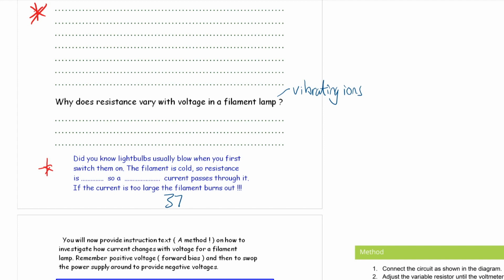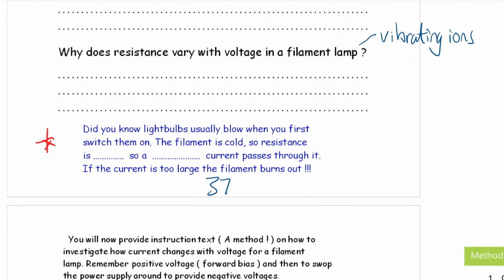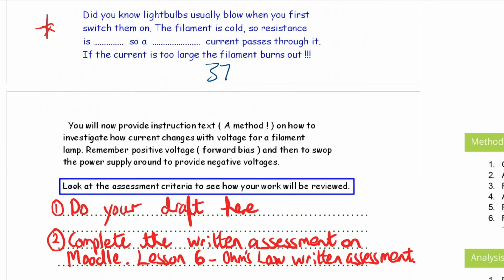The ions are going to vibrate more because you'll have more current flowing, the temperature will increase, the ions will vibrate more, and so the resistance is going to increase. Then just finish that passage at the bottom of 37.